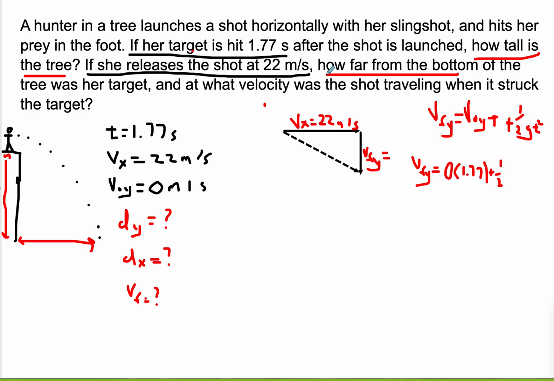Oh wait, you guys, hold on, nobody stop me. I wrote down the wrong equation. VFY is VOY plus GT. I'm having a brain cramp. Hold on. So VFY equals VOY plus gravity times time. Right? That's the equation that's on your sheet, isn't it?